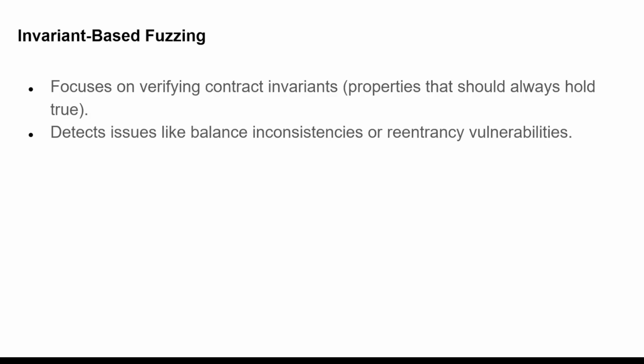Invariant-based fuzzing is very important in smart contract security and bug bounty. Firstly, what is an invariant? Maybe some people are hearing it for the first time. An invariant is a property of the contract that must always be true, never false.